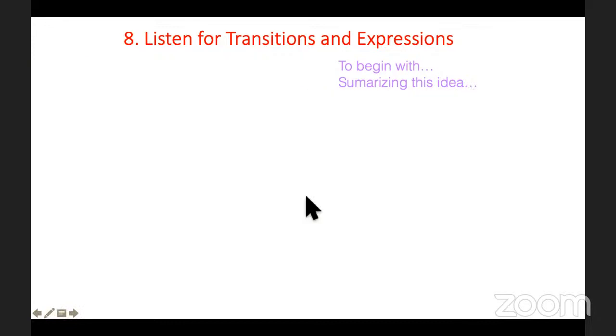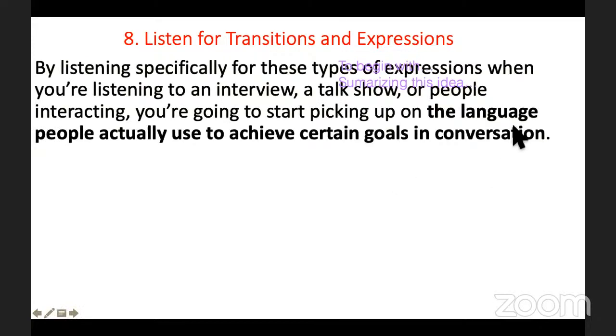So the next one, we have to listen for this specific type of expressions, no? Because what we want to do is, at the same time as maybe a native speaker is going to use transitions to help us understand their message, we have to try to do the same, no?